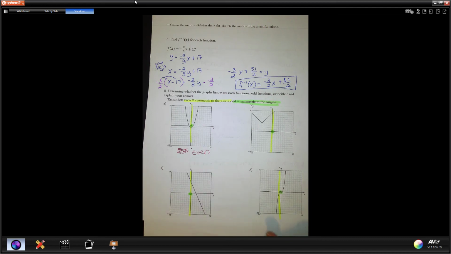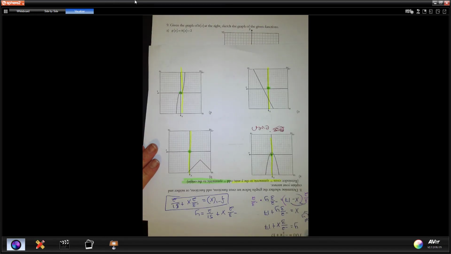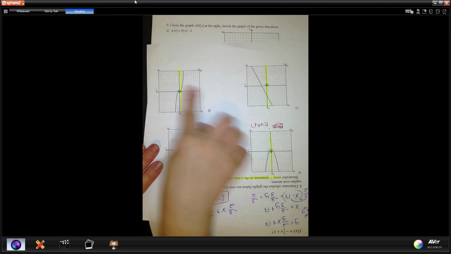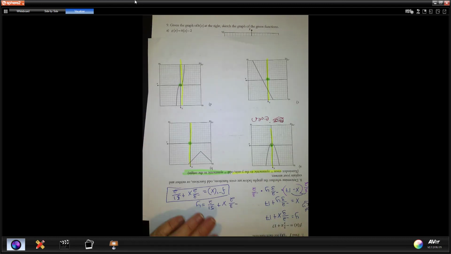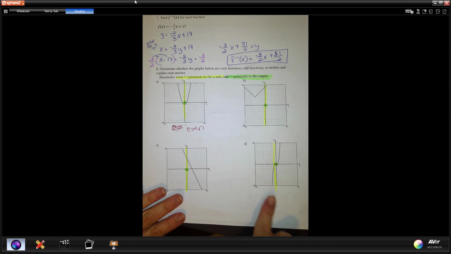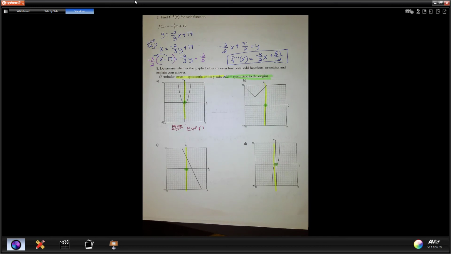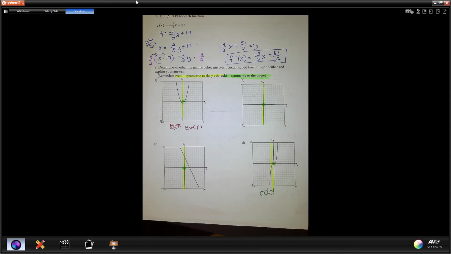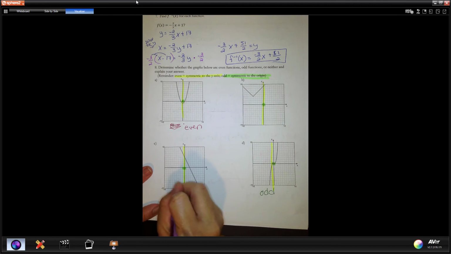So if I did that, kind of get in your mind what these look like. And if I turn them upside down, the only one that looks exactly the same happens to be this one. Because if I flipped it right side up again, that graph looks the same. So this one happens to be odd, which then makes the other two neither even nor odd.